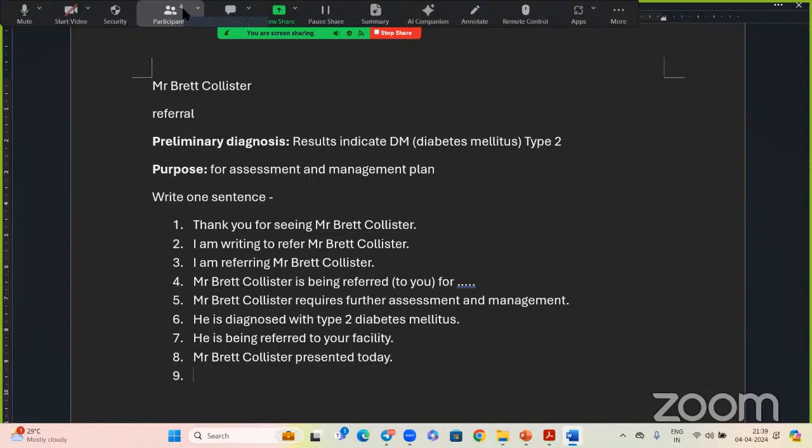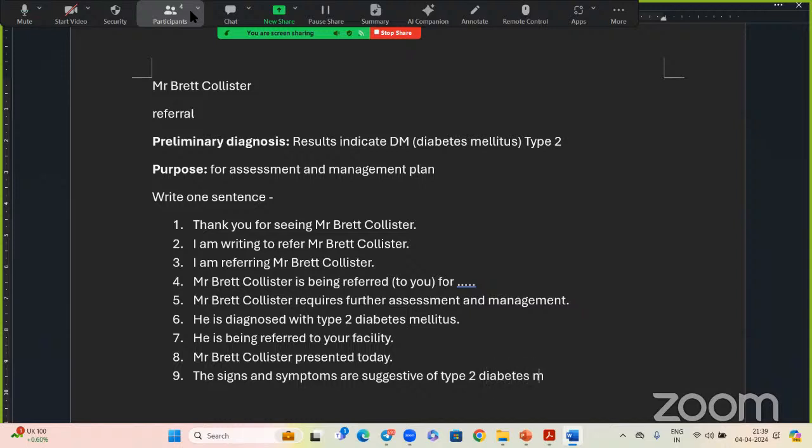You can say, presented today with the signs and symptoms. The signs and symptoms are suggestive of type 2 diabetes mellitus.